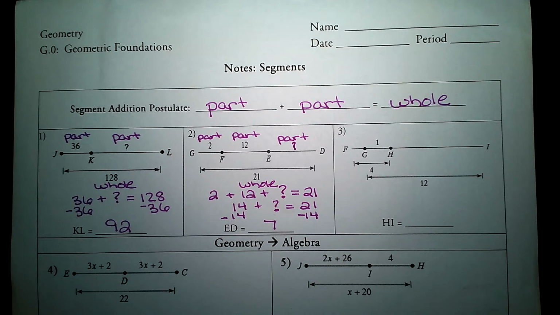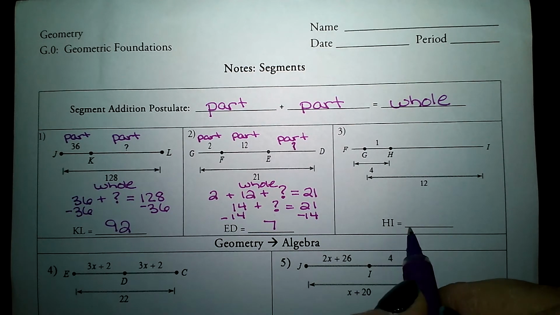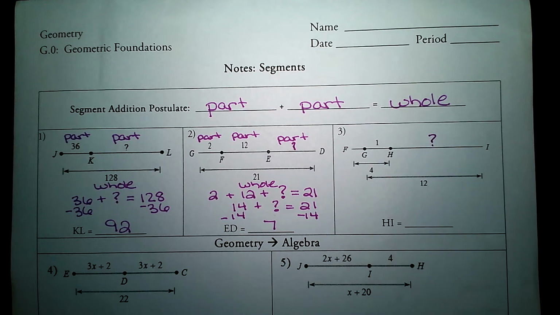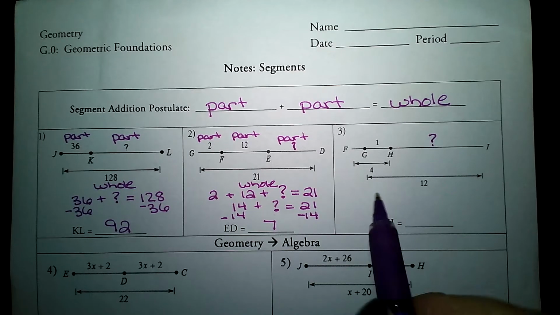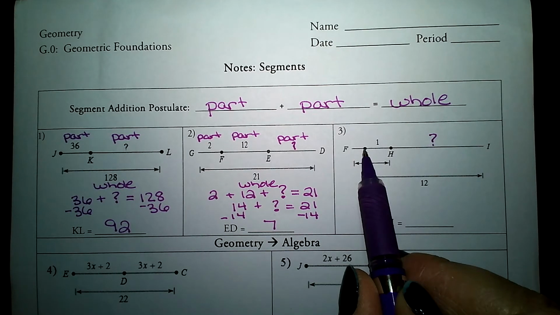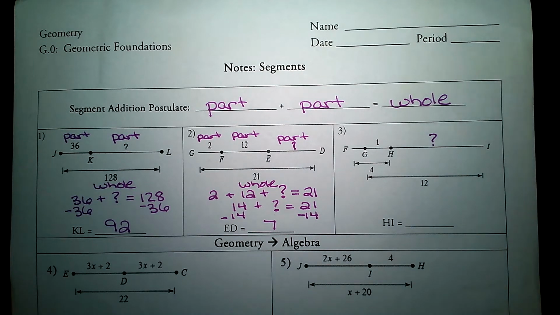Here in this third picture, there's a lot going on, layers of measurement. So we really got to look for what we're being asked. Here we're looking for segment HI's length. So I'm going to put my question mark here. So 4 represents from F to H. 12 represents from G all the way to I. So we may have some unnecessary information here.